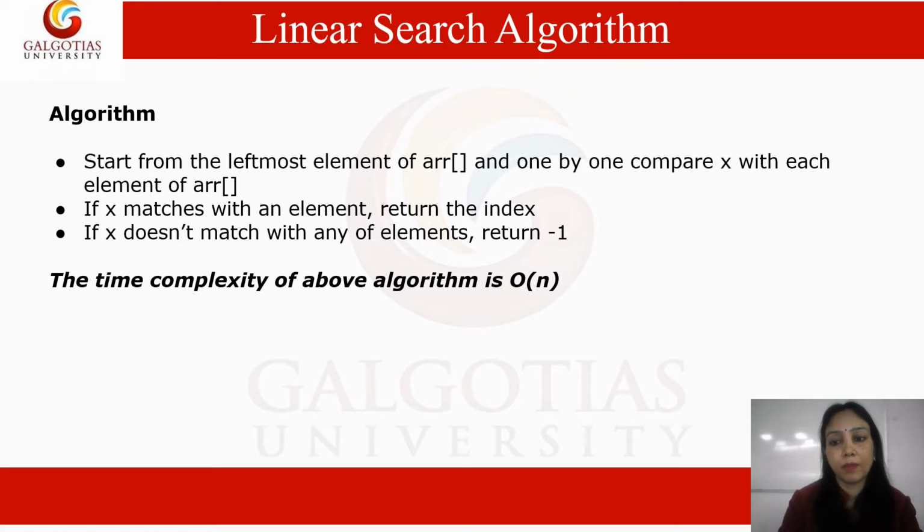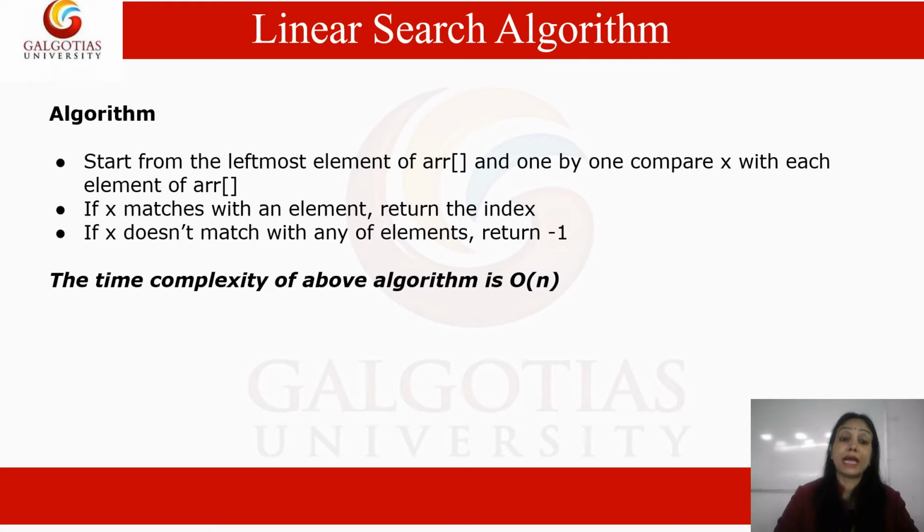If x matches with an element, return that index, meaning yes, we got that element at that particular index. Otherwise, if x doesn't match with any element, then return -1, or return that we are not getting any element. Returning -1 means your search is unsuccessful.